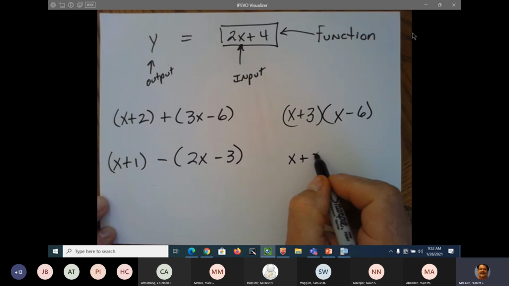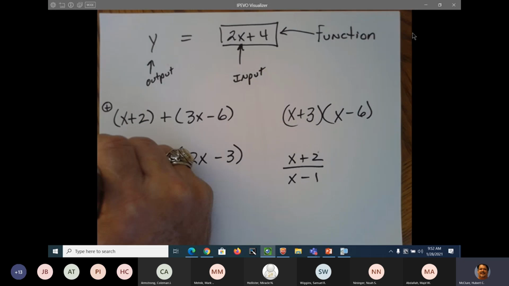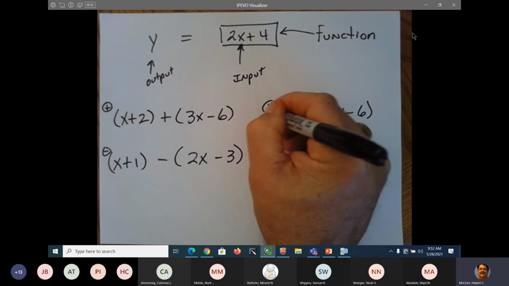Those are all four operations with functions or with expressions, however you want to say it. This is addition, this is subtraction, this is multiplication, and this is division.